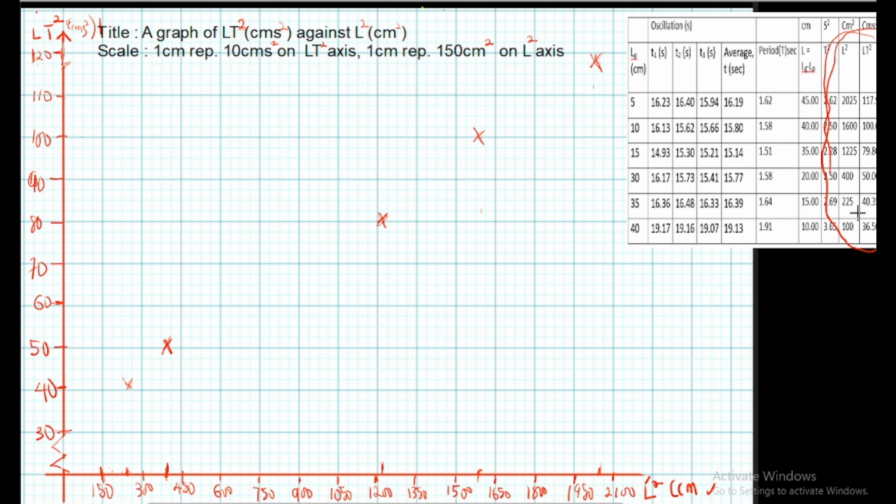So here we have 36.5. So this is 30. 36.5 should be around 36 or 37. So this is 30, we have 32, 34. So you can just use somewhere around there as our 36.5.